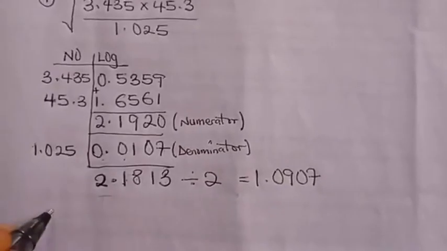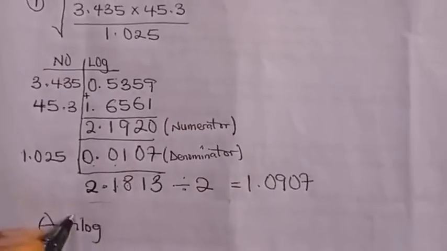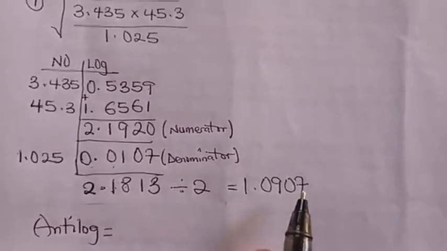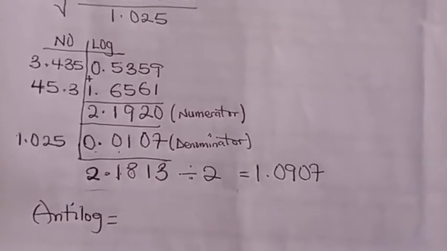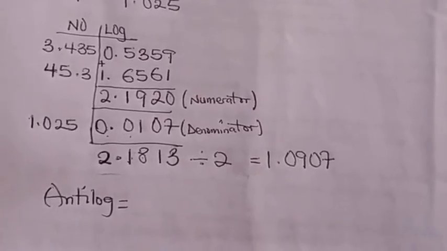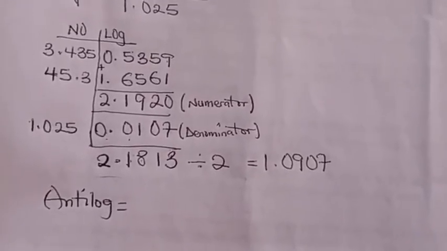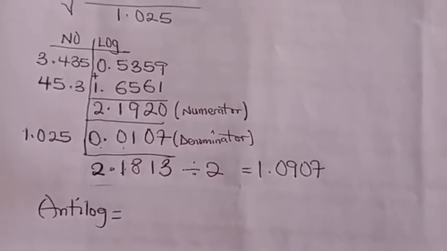So for antilog, we are going to check for 09 under 0 difference of 7. This is possible because for the antilogarithm table, we begin from 00 to 0.99. So after 00, you have 0.01, 0.02, 0.03, all the way to 0.99.